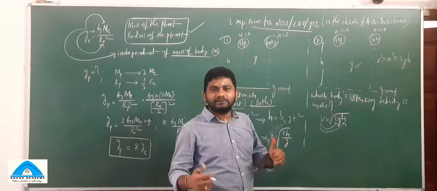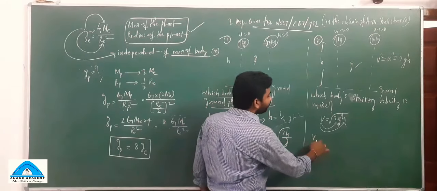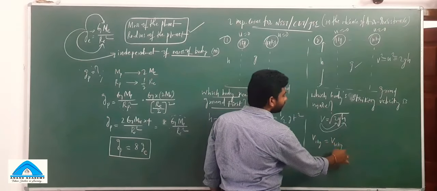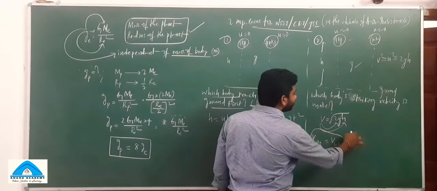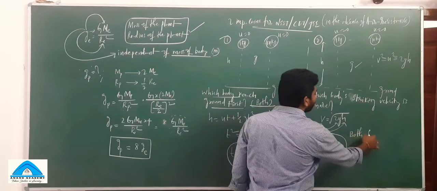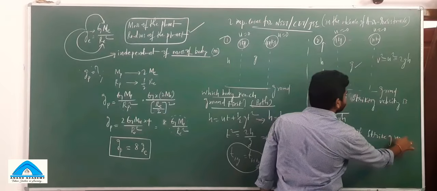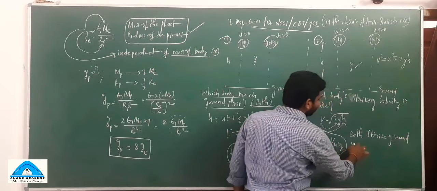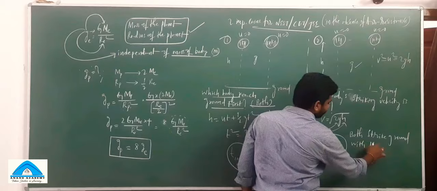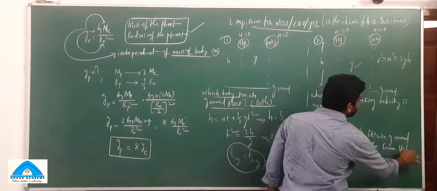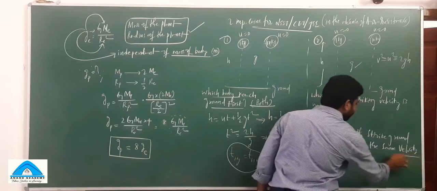Yes or no? Tell me. So I can write here, v of 1 kg is equal to v of 10 kg. Both will strike the ground with the same striking velocities. Is it clear?